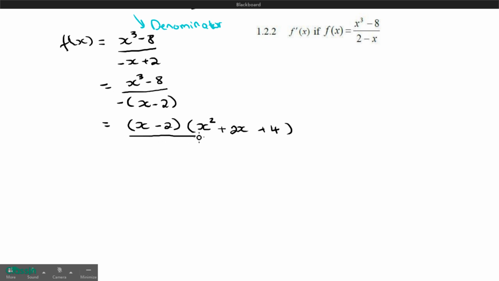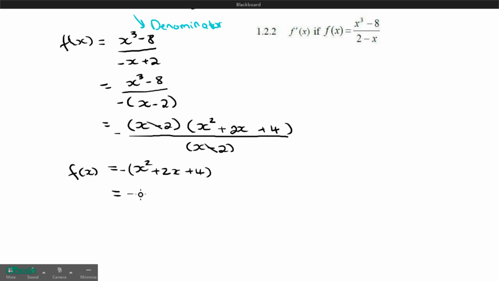So when we divide by x minus 2, x minus 2 and x minus 2 will cancel out. Then we're left with f of x given as negative, x squared plus 2x plus 4. When we multiply in the negative, it is negative x squared minus 2x minus 4.